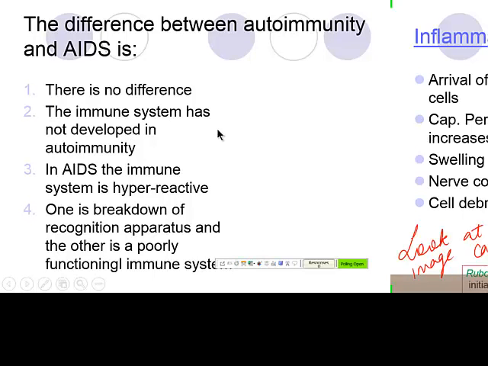Here, another question. What is the difference between autoimmunity and AIDS? The spelling here is wrong.